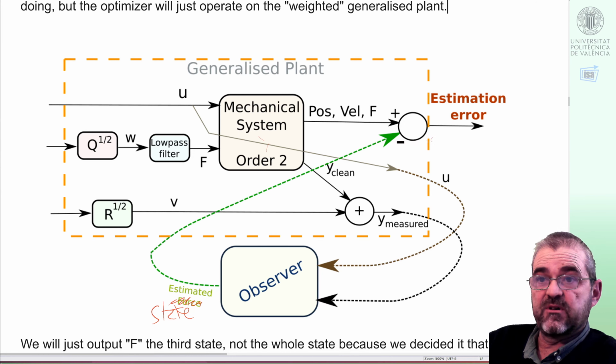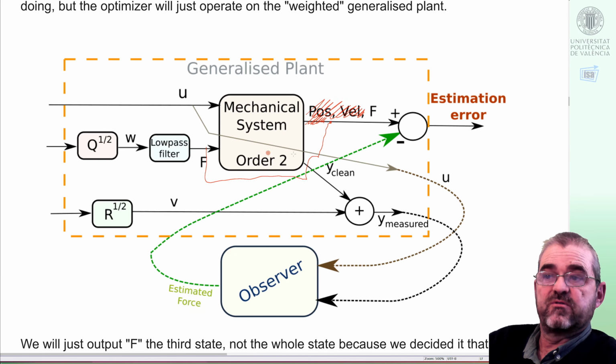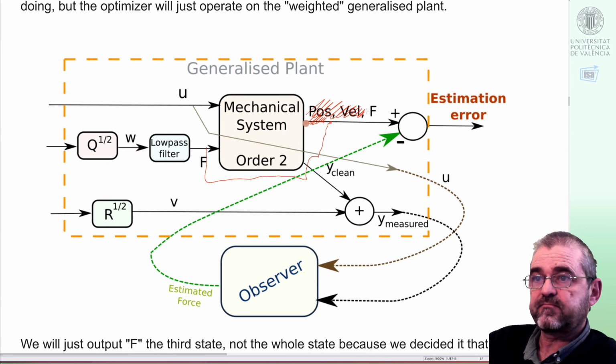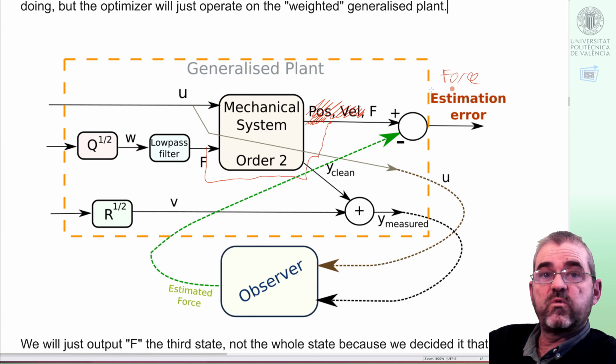But okay, in our case, we will restrict to estimating a force, and we will output just the force, so it's sort of short circuit here because it's actually an input to the second order system. So we will concentrate on minimizing this force estimation error.